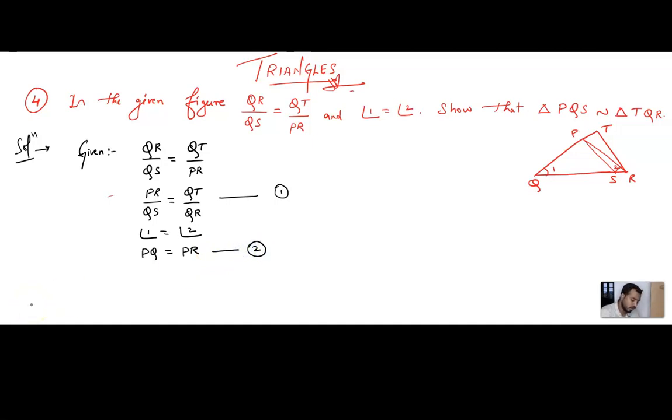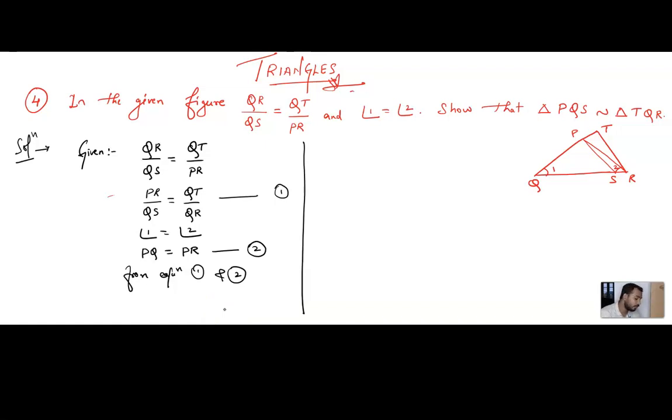Got it? Now from equation 1 and 2, I am going to solve the rest of the steps here. You can see that in place of PR, can I substitute PQ?